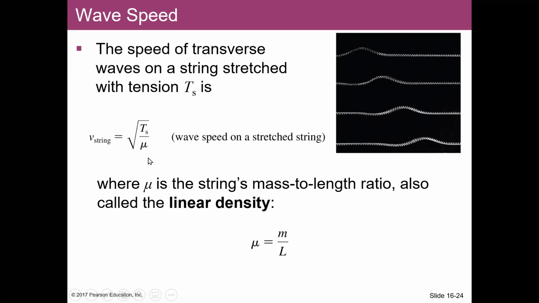The linear mass density, Greek letter mu, the same symbol as for friction, is just the total mass divided by the total length. This is the typical thing you would expect. And for most of these strings, you would say that the mass density is constant. So that is the starting point for the speed of a wave.